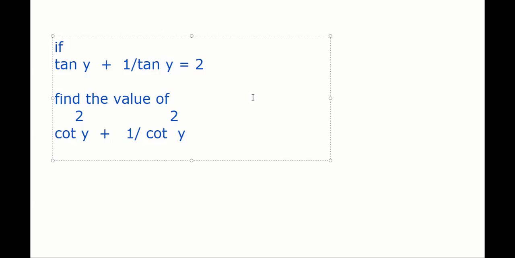So we can substitute for cot square y. We can make tan y equal to 2 minus 1 by tan y and substitute. I think that will be wrong, it won't help. What other idea, Nikhil? Rishabh?